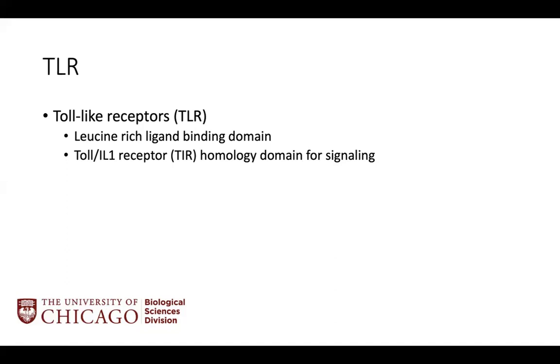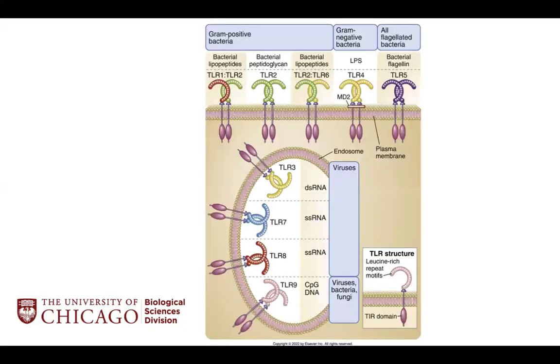And then there's a toll IL-1 receptor or TIR homology domain for signaling. So here we can see just that. We see this leucine-rich binding domain on the outside, and then we see this TIR signaling domain here on the inside. These are all the different toll-like receptors.